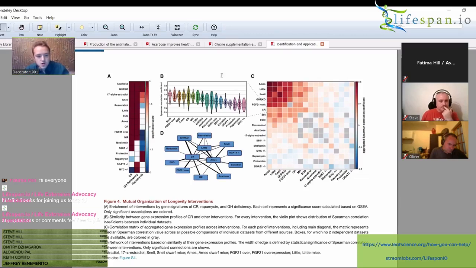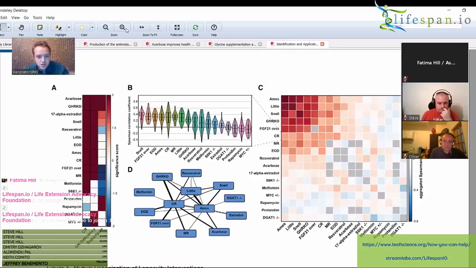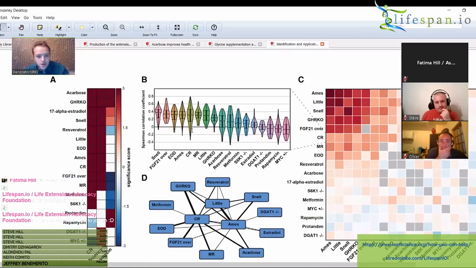Panel B shows the result of this analysis for caloric restriction. The idea again was simple. We took all caloric restriction datasets we could find, and we ran all pairwise correlation tests with a certain intervention.